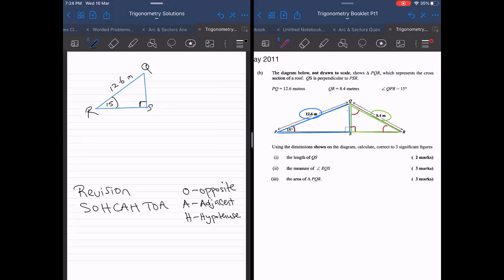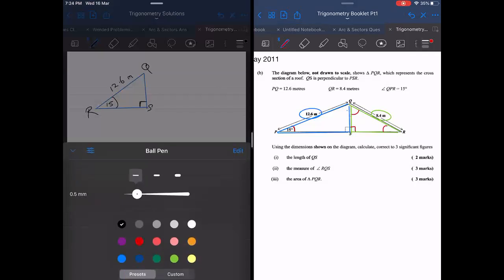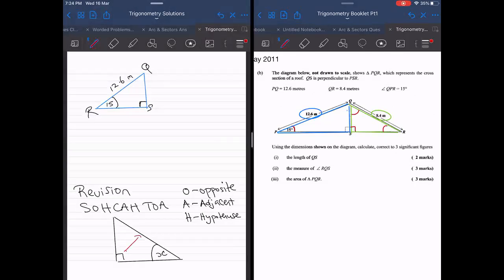So how do you know the sides? All right, so let us say the angle is here. The hypotenuse is always across from the right angle.